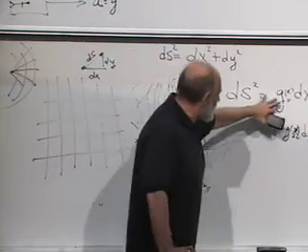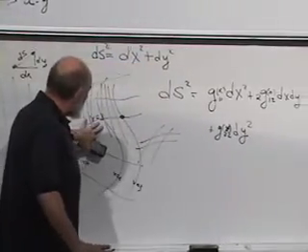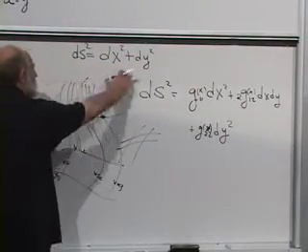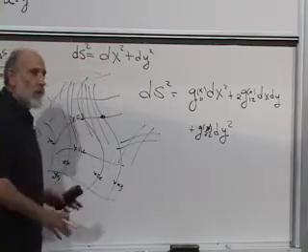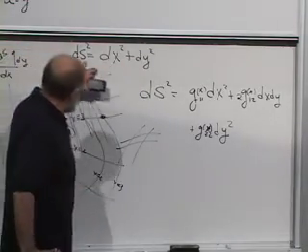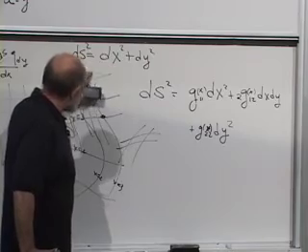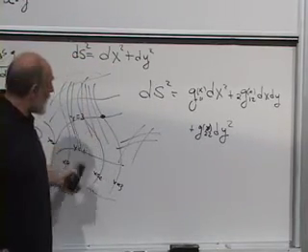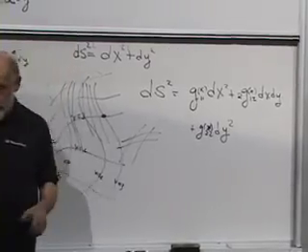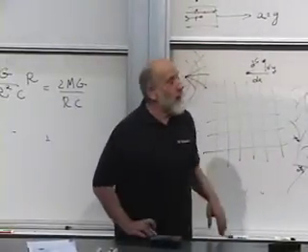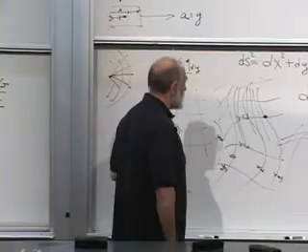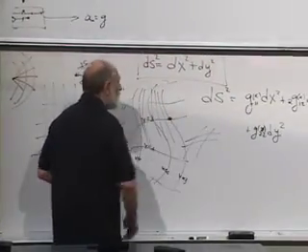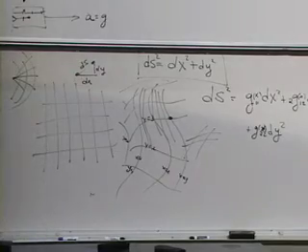Even if you decide to describe it in a more complicated way, if you can find new coordinates that simplify it to this form, it's called flat. This is the hallmark of a flat geometry, Pythagoras' theorem, if you like. There are geometries that no matter how you choose the coordinates, you cannot reduce to this form. Those geometries are called curved.